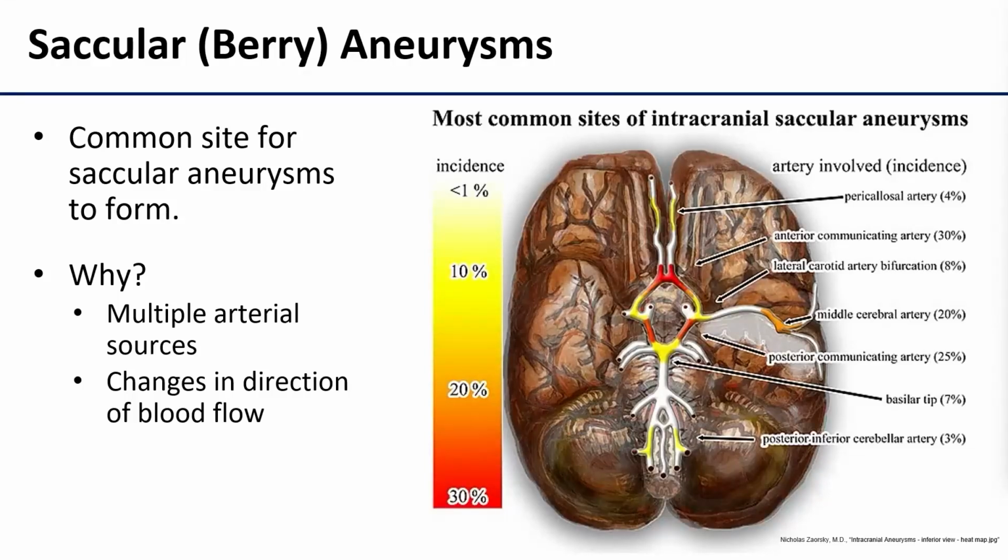So here in this circle, we've got multiple sources of arterial blood coming in and feeding into these common vessels. And then we have lots of abrupt changes in vessel direction. So all of this is happening fairly frequently, and that makes the risk for weaknesses forming in these vessels that much higher.